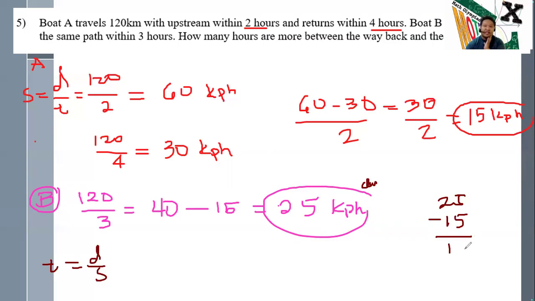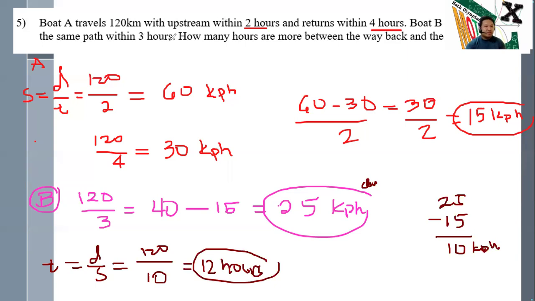So you'll have 10 kilometers per hour if you're going back right now. So your distance 120 divided by 10 will give us 12 hours going backward. Okay, going back. So 3 hours forward, 12 hours backward. So 12 minus 3 will give us the final answer to be 9 hours.